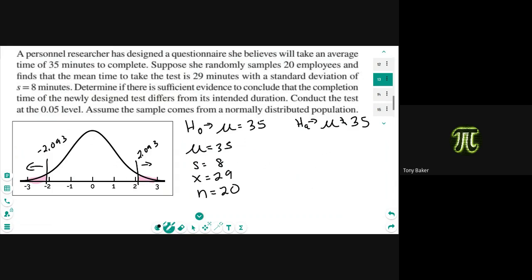So. What's my standard deviation? 8. The sample size is 20. So what'd you get for your T?